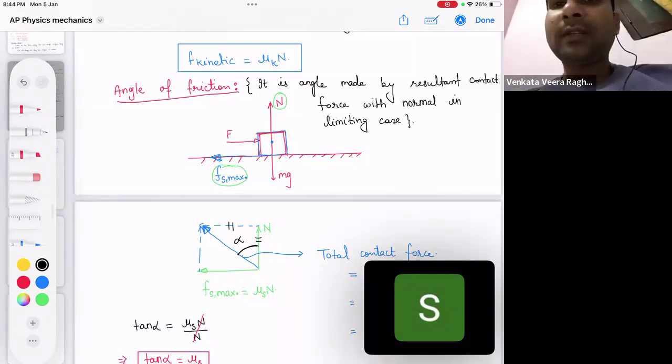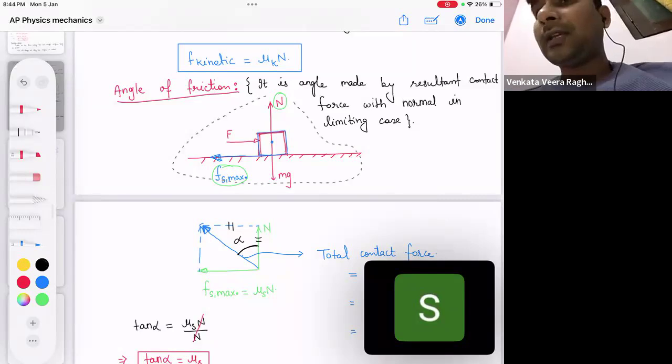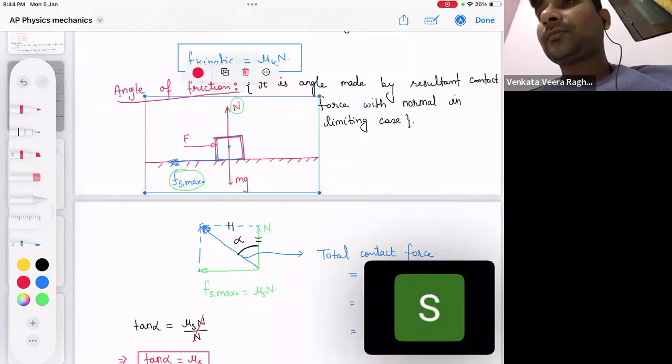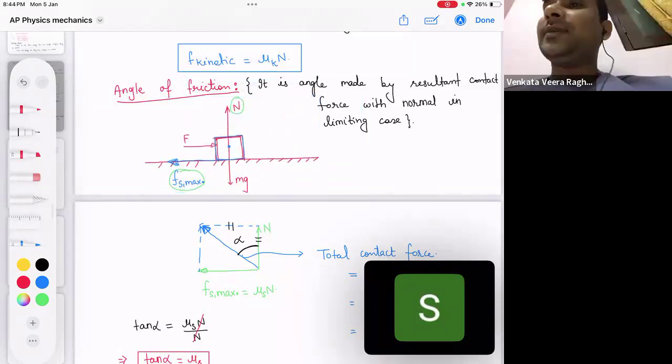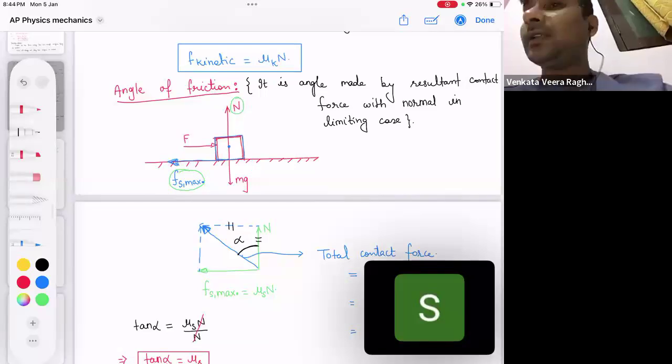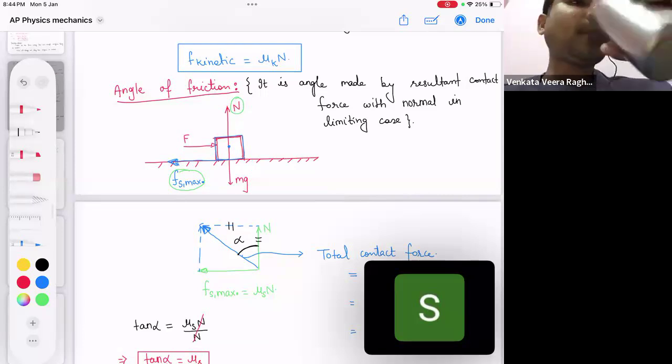So when the limiting case is achieved, it means I have applied enough force that this block now cannot stay at rest. Now it has to move. So that is called the limiting case. So in the limiting case, the angle made by total contact force or resultant contact force with the normal, that angle is called the angle of friction. Clear?